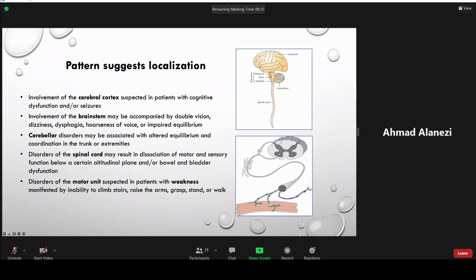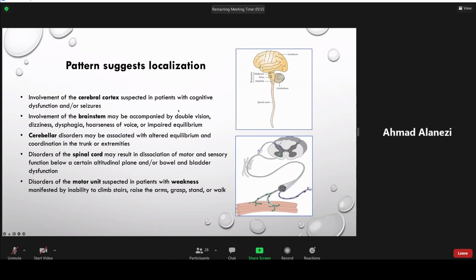Now, neurologists love localization. So what do we mean by localization? We have signs and symptoms, and we want to go back and localize where the problem is.